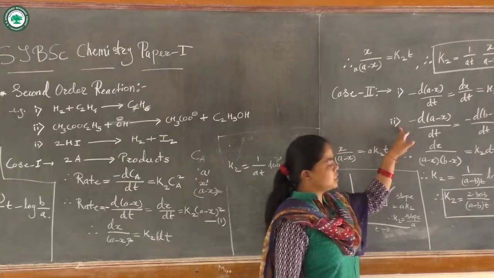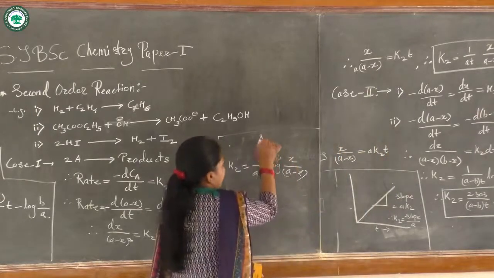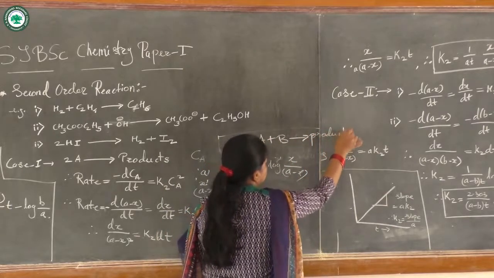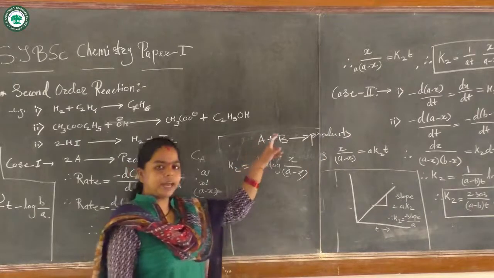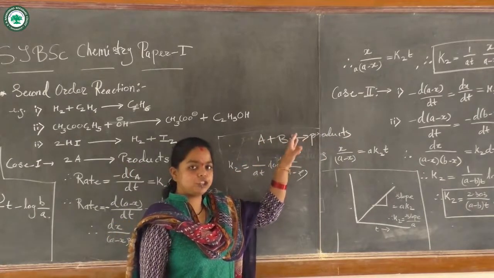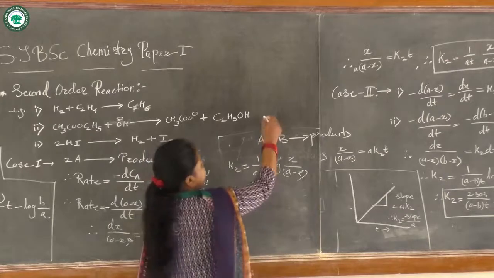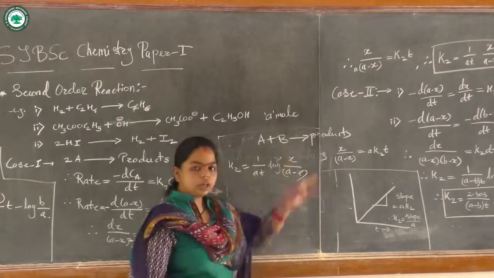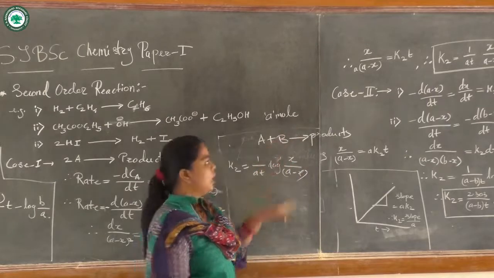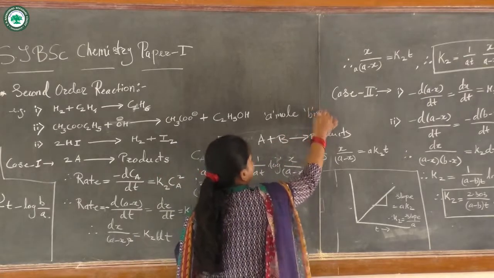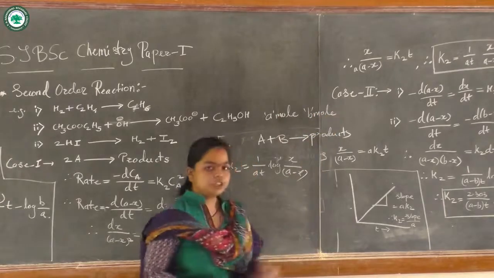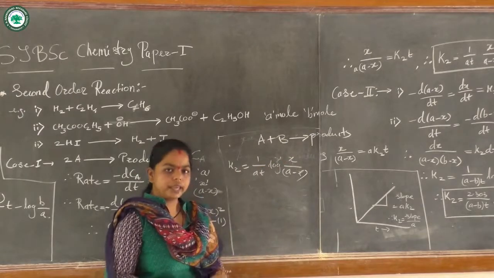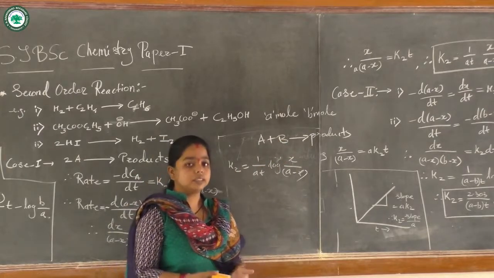Now we consider the second case in which A and B have different initial concentrations. So in that case we can put: let A mole be the initial concentration of the reactant A and small b mole be the initial concentration of the reactant B. Now we can say that x mole of the reactant reacts in a time t.